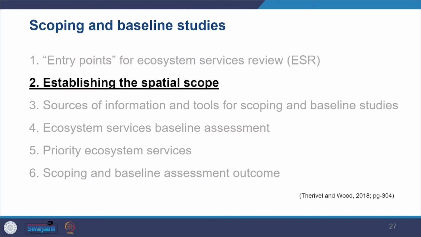So it's very important at this stage. At this stage, you might need to take a larger area compared to what is taken for other specific domain studies. When you're studying water, air, and so on, you might be taking a very specific area. But when you do ecosystem services, it is advisable to take a larger area because it will have a specific advantage while you undertake the entire process.